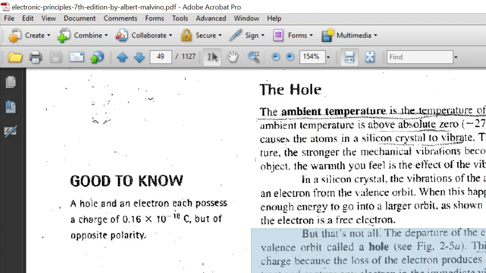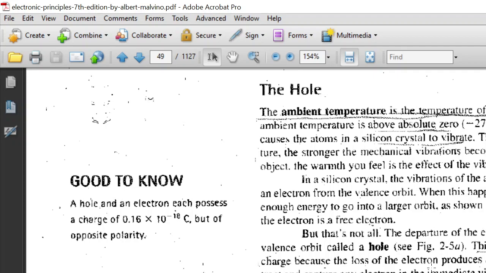You read this paragraph, it is mentioned here. This vacancy that is created in the valence orbit is called a hole, and this hole behaves like a positive charge because the loss of the electron produces a positive ion.